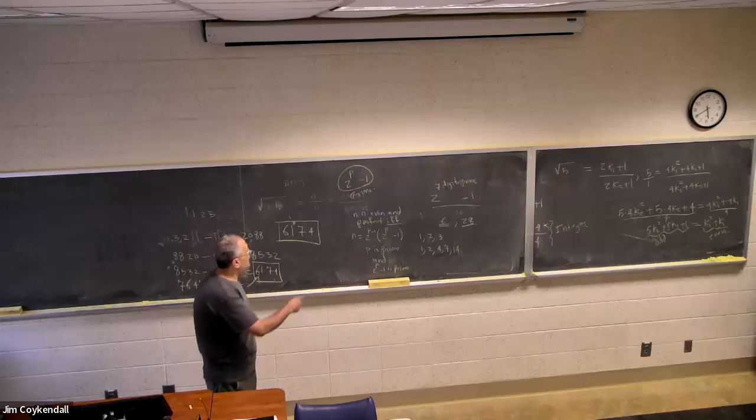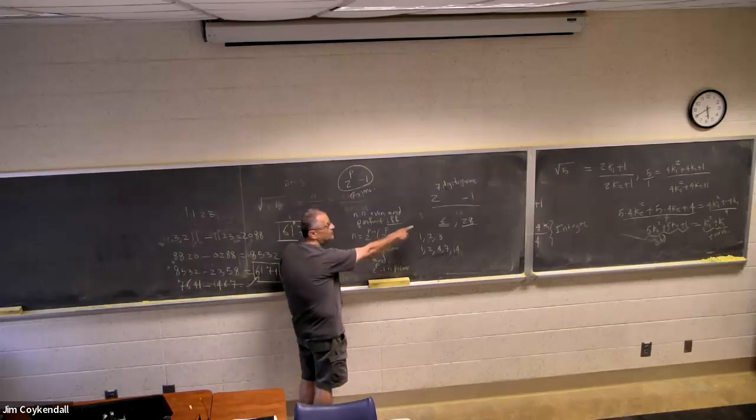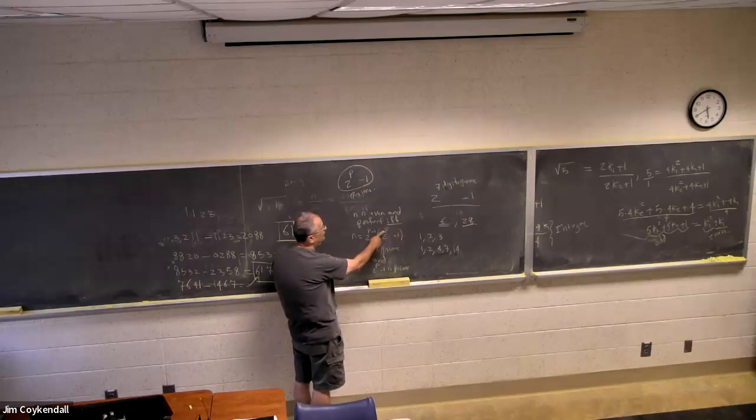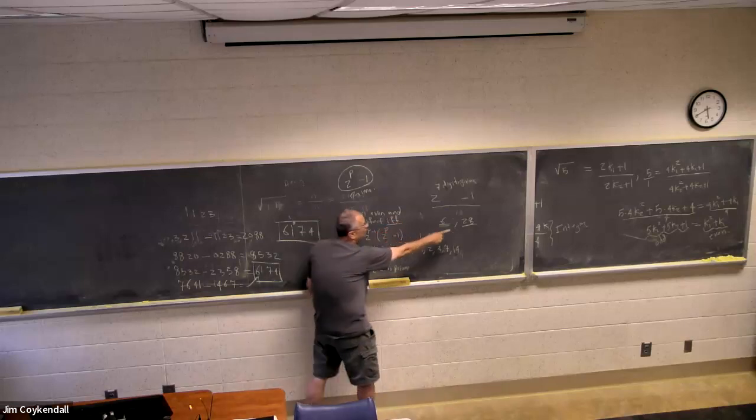Okay? Like the numbers I gave you, 28 and 6. Like you did the prime here, 2. 2 to the 2 minus 1, 3. 2 to the 1, 2 times 3, 6. Like 28.